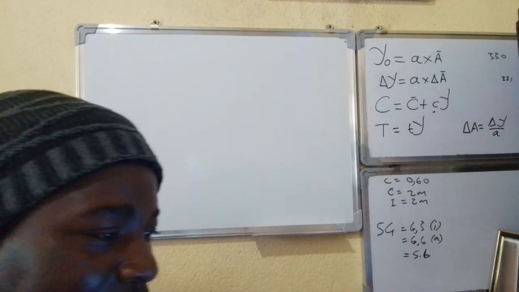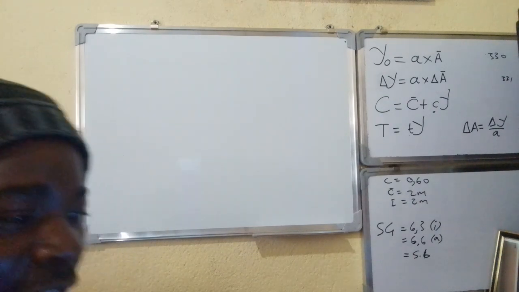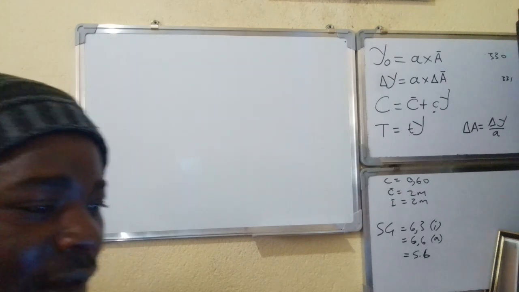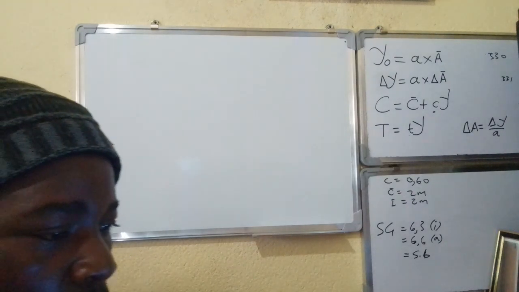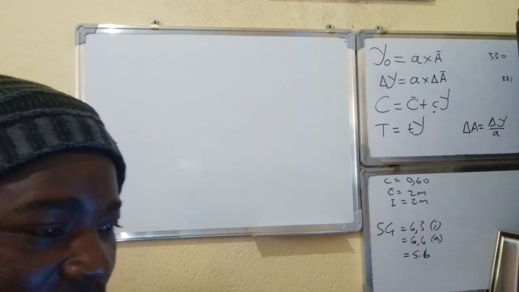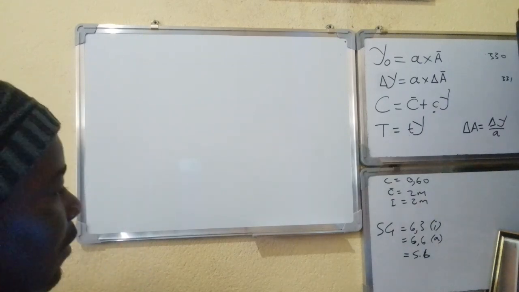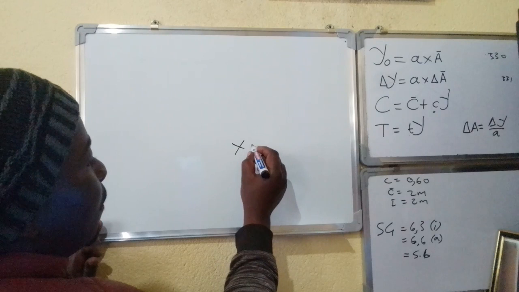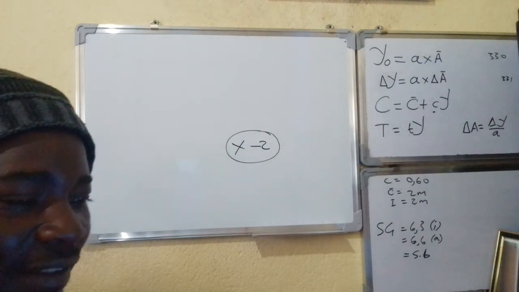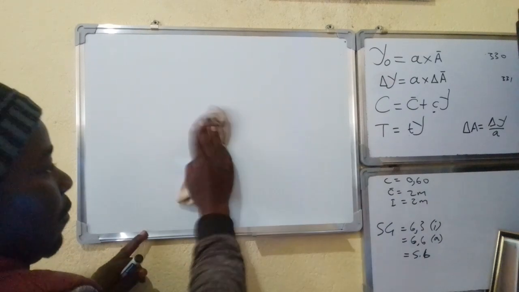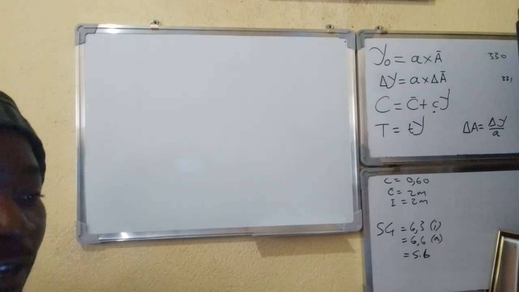Given the following information, autonomous consumption 100 million, investment spending 200 million, government spending 150 million, autonomous net exports 50 million. That one is X minus Z. Autonomous net exports, and it's positive.